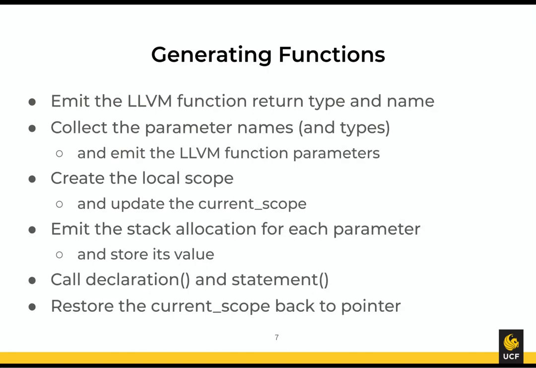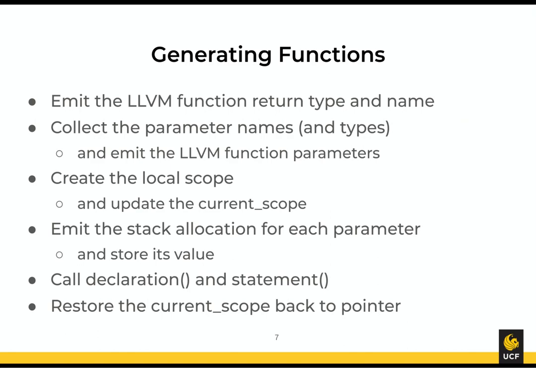There are several steps to generating these functions. It's really just about bookkeeping the symbol table. For the equivalent simple C function, like multiply, which takes two integers and returns an integer, we need to emit the equivalent LLVM function definition, the function prototype that has its return type and name.